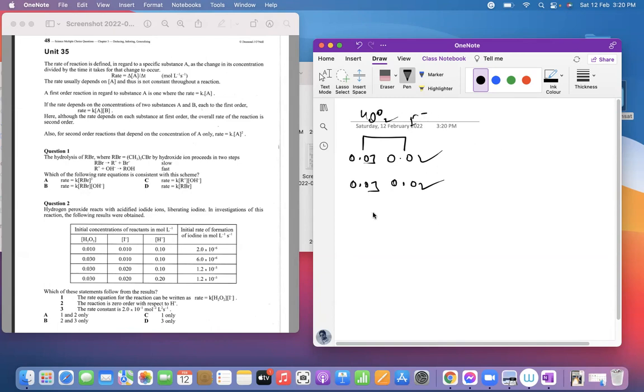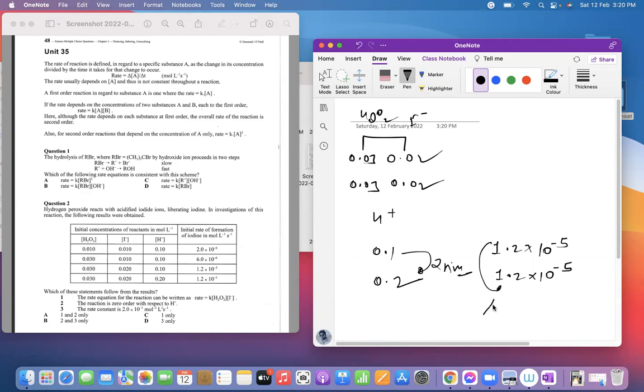And H plus concentration at that time is 0.1 to 0.2, and rate is 1.2×10⁻⁵ and 1.2×10⁻⁵. Now you can see 0.1 to 0.2 means 2 times, and this is the same, 1.2 to 1.2, means no change. And I told you that if you have no change, it means order of reaction will be 0. So H plus concentration power will be 0. So option 1 is absolutely fine. H2O2 first order, iodine first order.